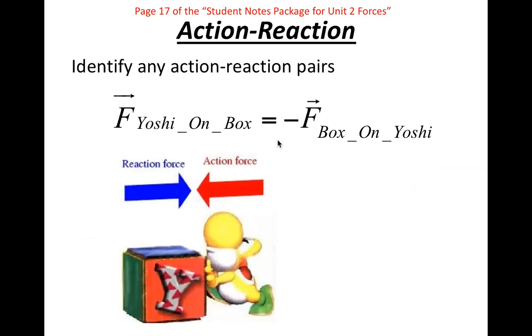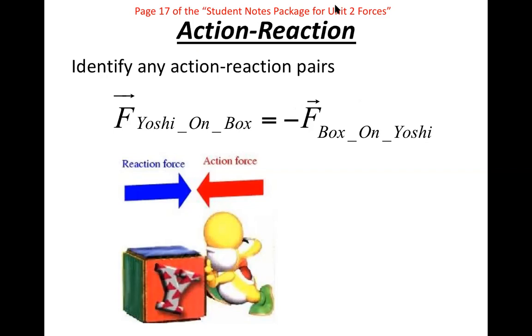One important thing to note is that the action and reaction pair of forces are the same type of forces, and also that they always act on different objects. So notice how the force here is on the box, the reaction force here is on Yoshi.